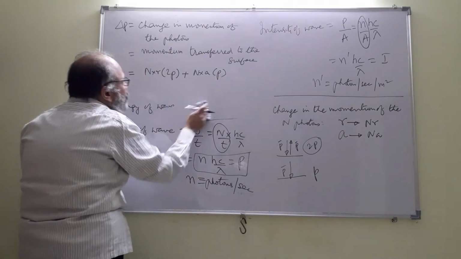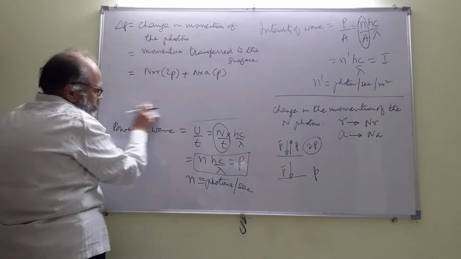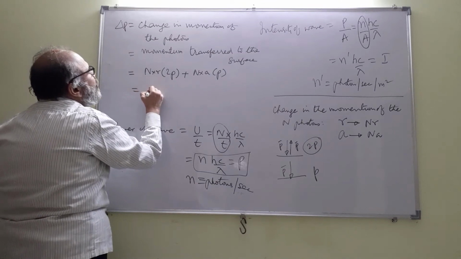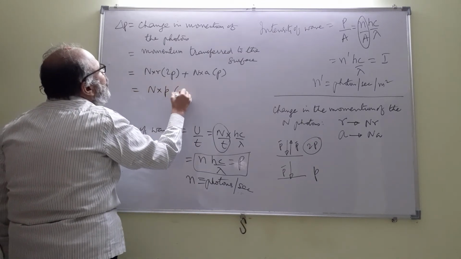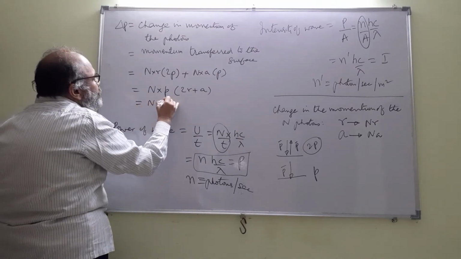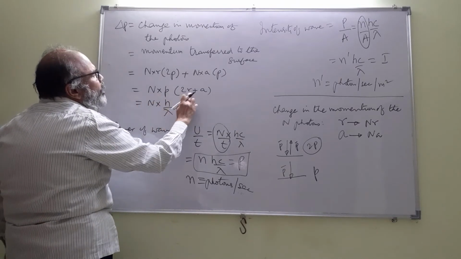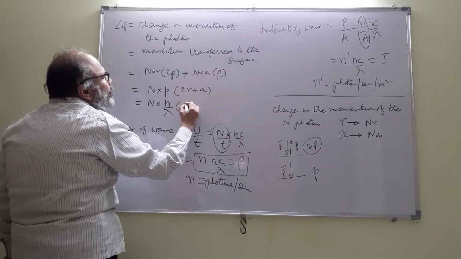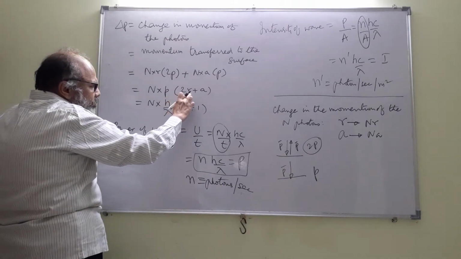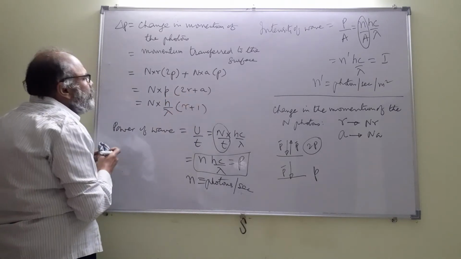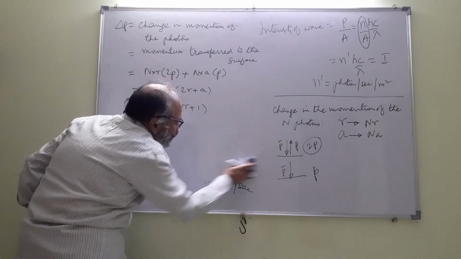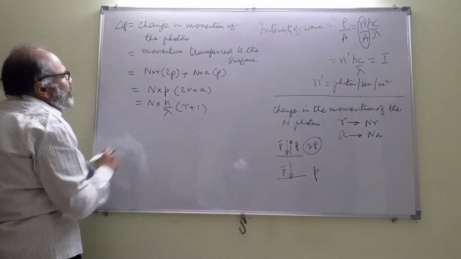So we can now write this as N into P into 2R plus A. P is h by lambda, R plus A is 1. So we can put this as R plus 1. Yes, 2R can be written as R plus R, and R plus A is 1. And what will this be?